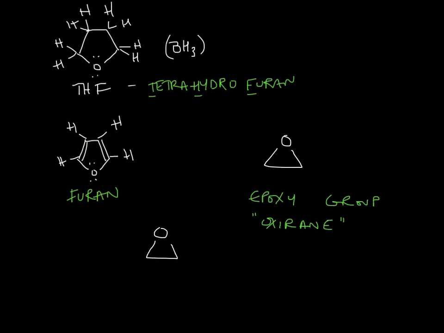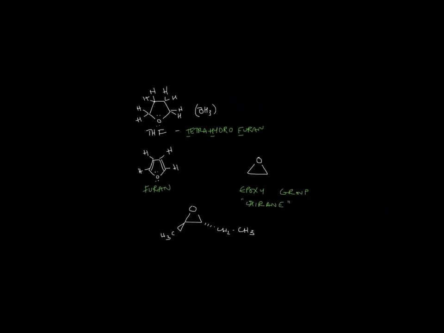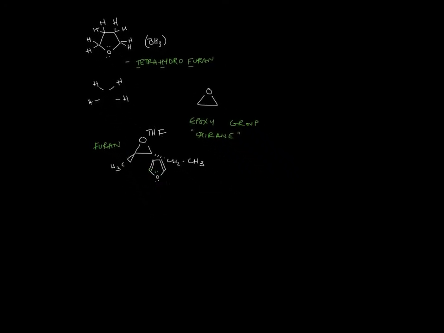So let's say that I have something like this. There would be 2 ways that I could name that. Alright, so one would be as an epoxy group, and the way that we would do that would be to look at the longest carbon chain, which would be these 5 carbons right here.